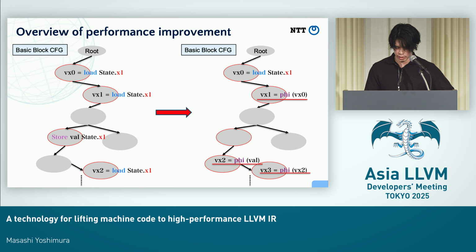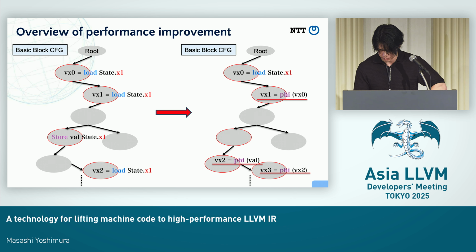To work on this problem, elfconv has an optimization pass that transforms Remill LLVM IR into a more efficient LLVM IR. For example, the left figure shows that x1 is accessed 4 times in its control flow, and the right figure shows the converted LLVM IR after the improvement.